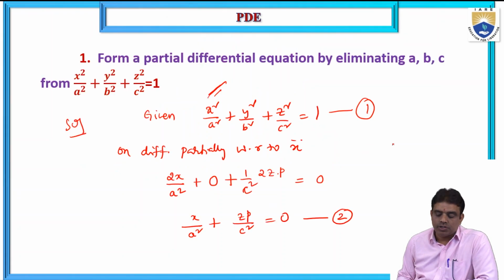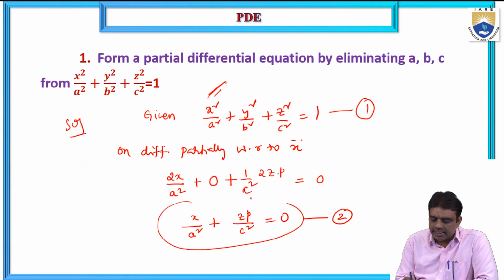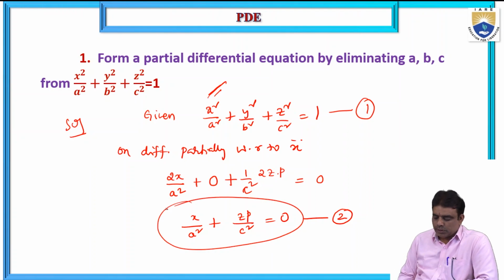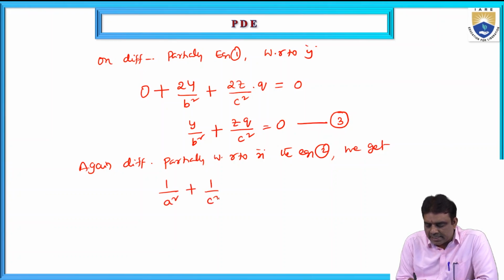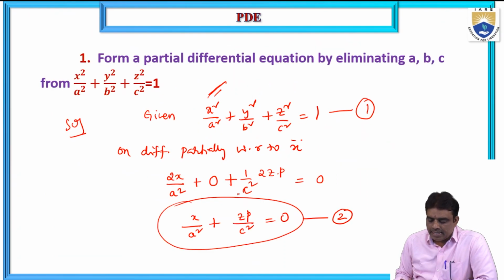On differentiating equation 2 with respect to x, we will get 1 by a square plus 1 by c square constant, and here we will get z into p. P is dou z by dou x, and z is also a function of x, y. So we have to go for the u into v method.